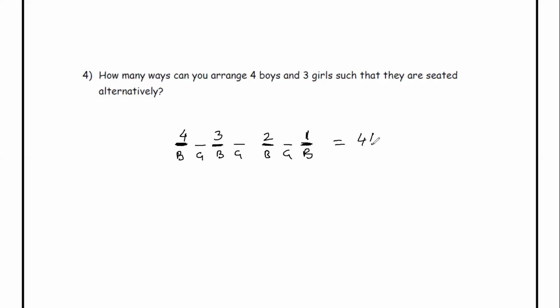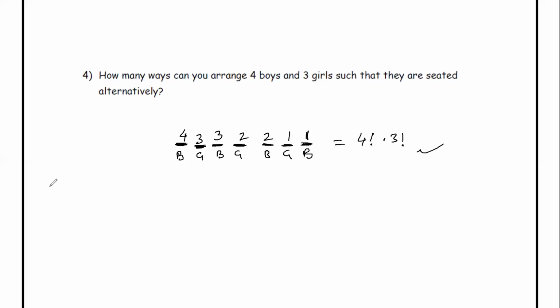So therefore, 4 factorial ways to arrange the boys, and similarly, 3 factorial ways to arrange the girls, because there are 3 girls, and on the first dash, any of the 3 girls can come in. So there are 3 choices for the first dash. Then the girl takes the position, and for the second dash, only 2 girls are remaining. So there are 2 choices. And then finally, only 1 choice. So 4 factorial times 3 factorial ways to arrange 4 boys and 3 girls such that they are seated alternatively. That's your answer.